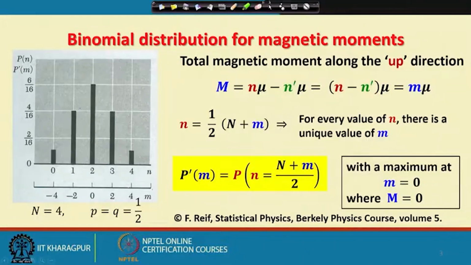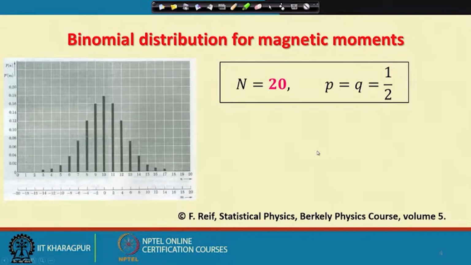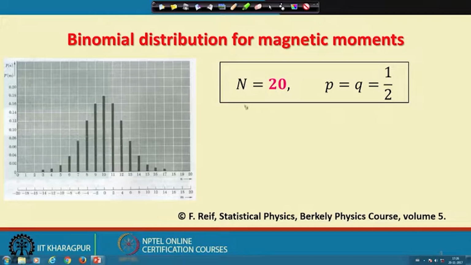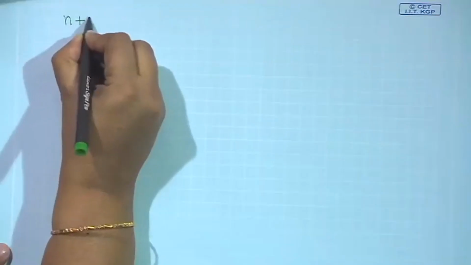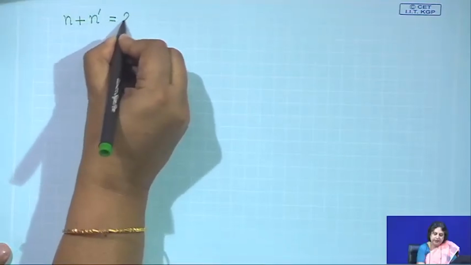Let us next have a look at how we can look at a larger number of spin half particles, where there is no applied external field present, but I have a much larger number of spin half particles. So, in this case, let me take n is equal to 20, and for this case therefore, I will have values of n plus n prime equal to 20.